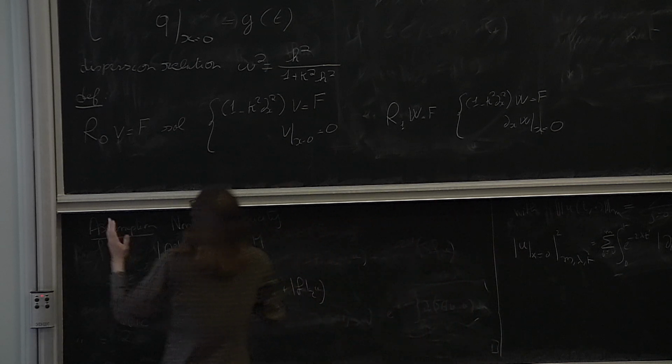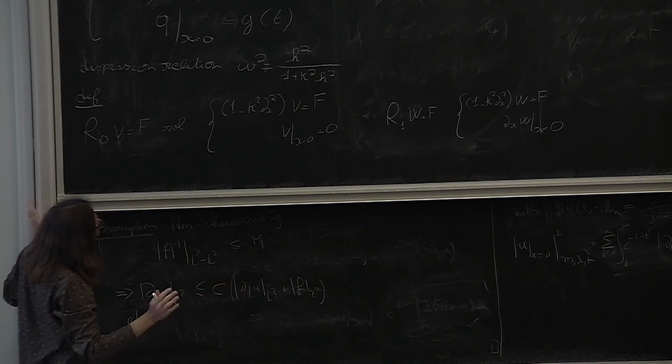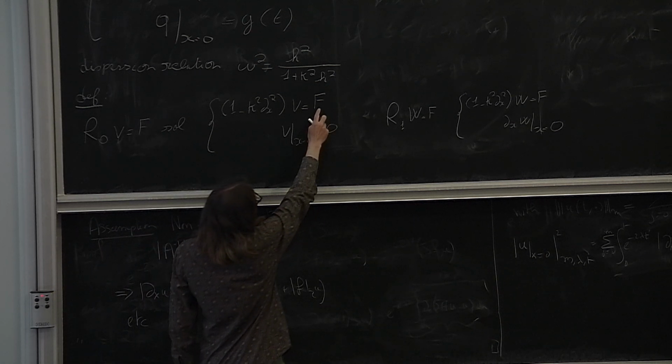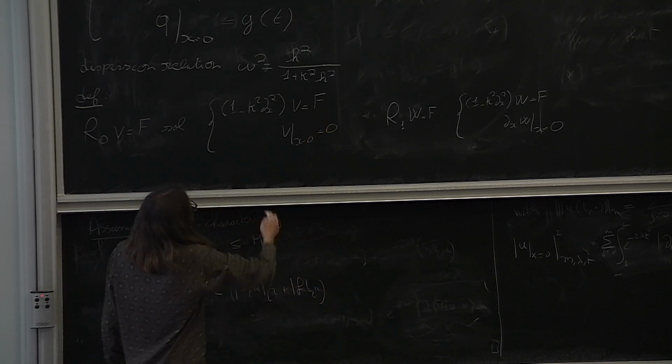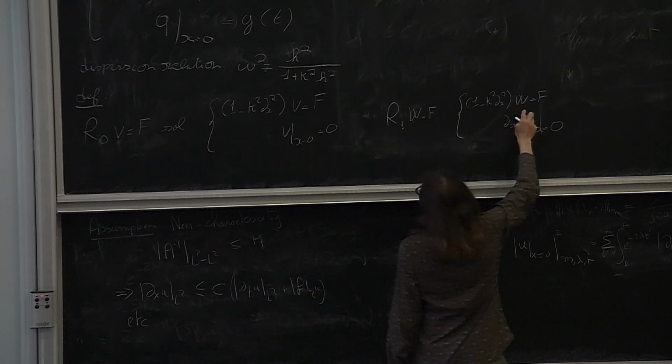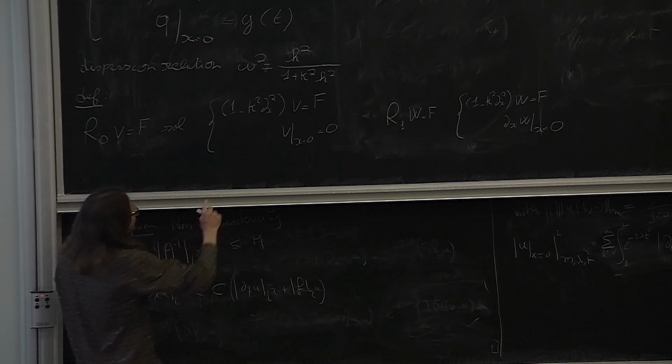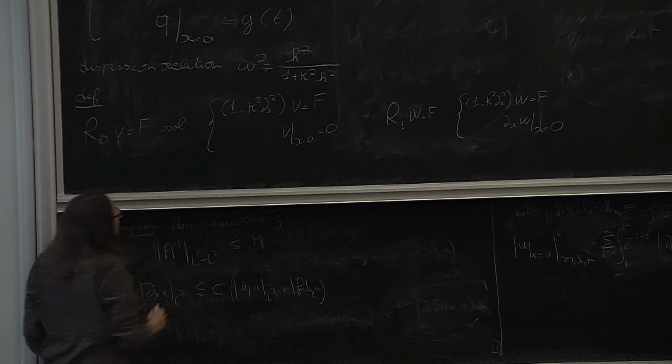This operator, you can also see that it has a regularization effect. Indeed, if I take F in H^n, then V and W are in H^(n+2), but you need to pay a coefficient here, kappa minus 2.